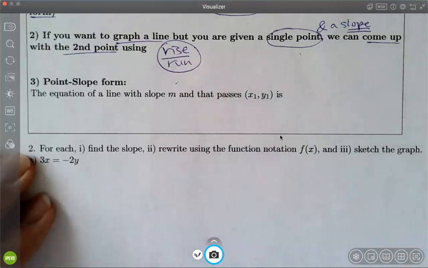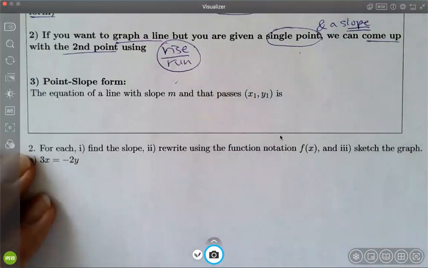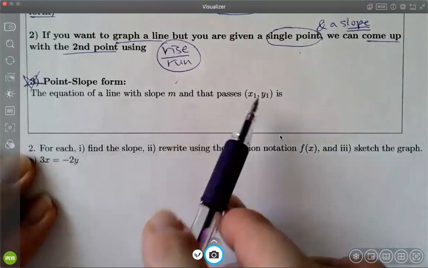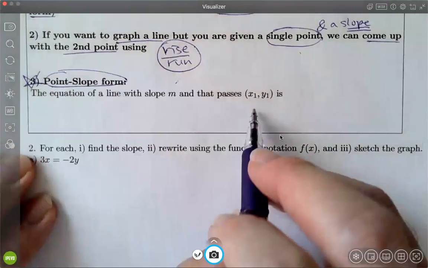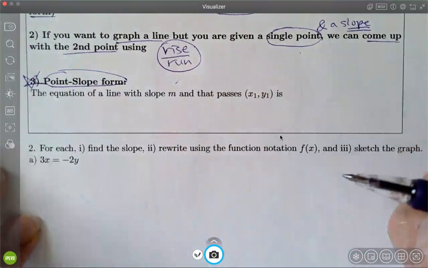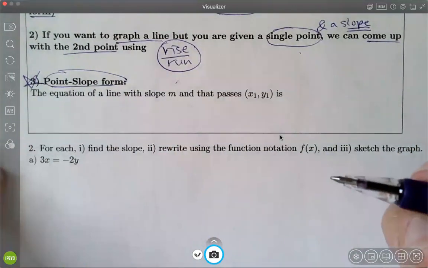Okay, and now other than the slope-intercept form, what's also popular is point slope. Have you heard about that before? Now, what does it say? The equation of a line with slope m that passes through x1, y1. Okay, so this x1 comma y1 is just some random point. And now, do you remember how this point slope form looks like?